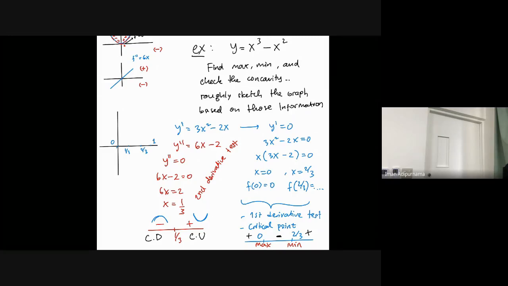So maybe this will be like that, going here, changing the concavity.